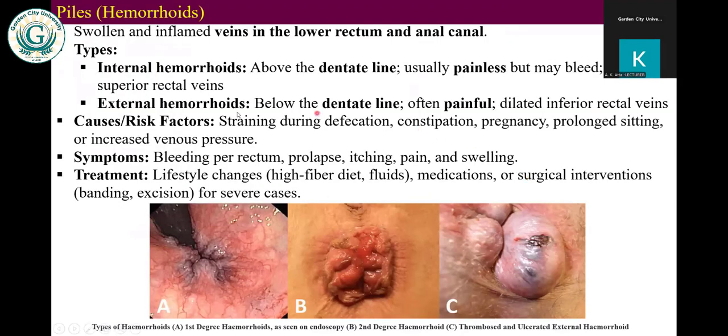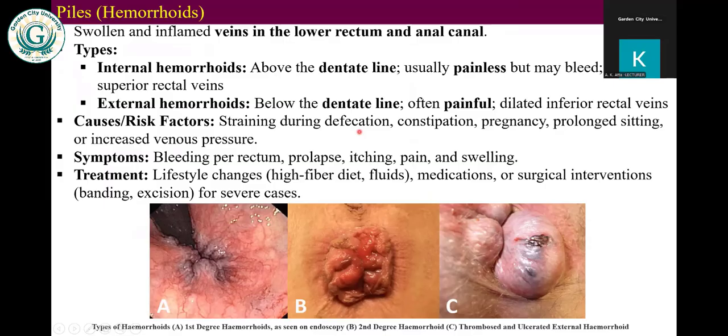Now, if the hemorrhoidal veins below the dentate line become swollen and inflamed, then that is an external hemorrhoid. External hemorrhoids are very painful because they are innervated by somatic nerves, specifically the inferior rectal nerve. Of course, we know the cause of hemorrhoids: straining during what?